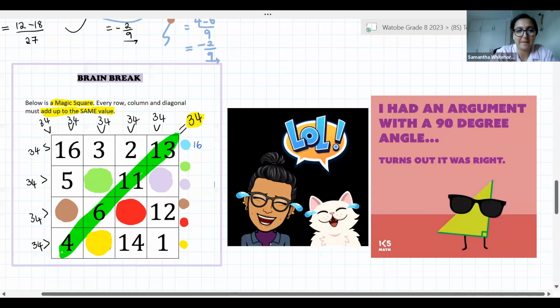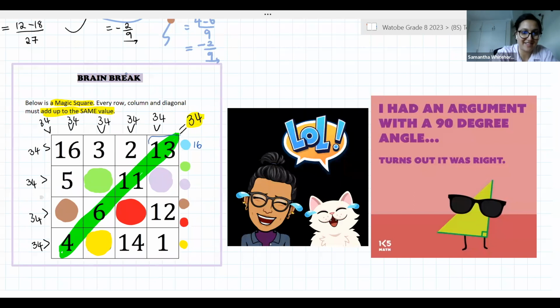And then for the purple blob, I said 13 plus 12 plus 1, which equals 26. And then I said 34 minus 26 is 8. So then I knew that the purple blob equaled 8.